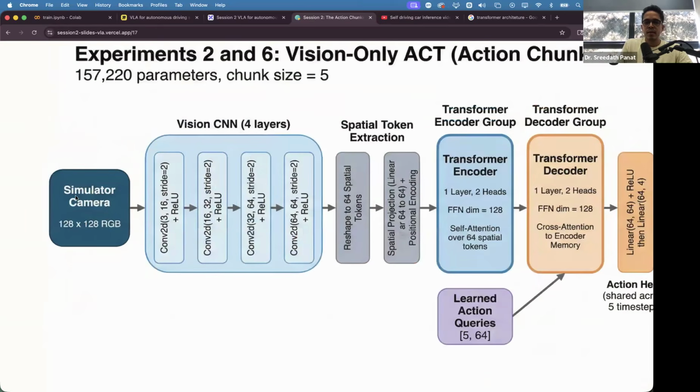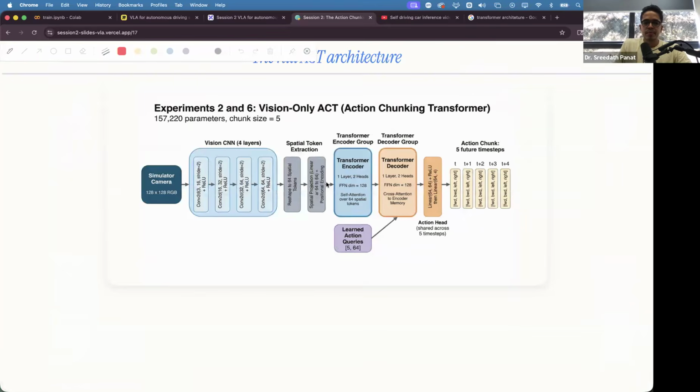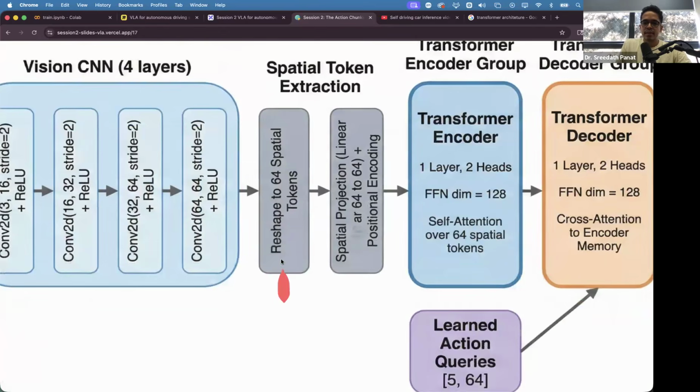I have the simulator, a camera image 128 by 128 by 3, which passes through CNN, which produces 64 tokens. The tokenizer converts it into an embedding space, and position embedding is added. So this is tokenization, and this is addition of position embedding.